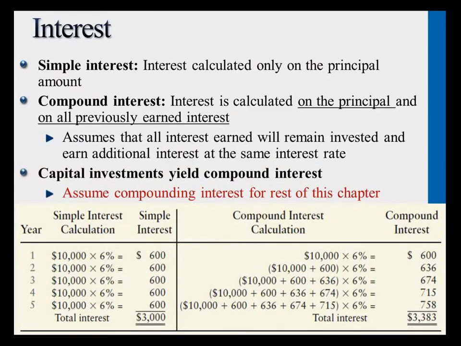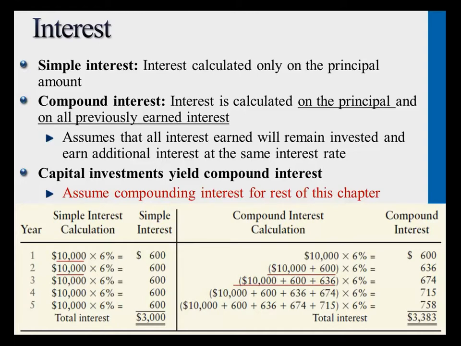So capital investment yields compound interest. We're going to assume that compounding interest is what we're using for the rest of the chapter. It's not going to be simple, it's going to be compounded. So let's look at the example.